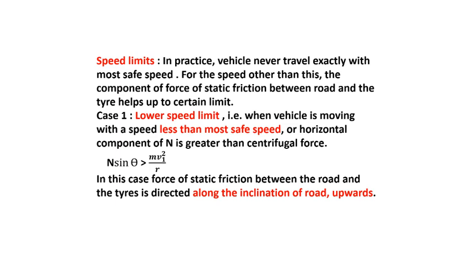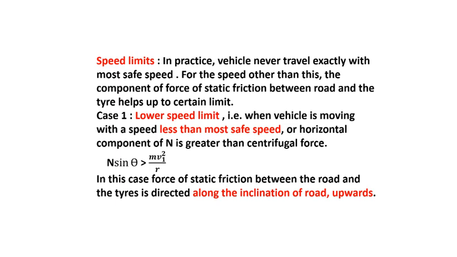In practice, vehicles never travel exactly with the most safe speed. For a speed other than this, the component of force of static friction comes into the picture, to help between the road and the tire up to a certain limit.